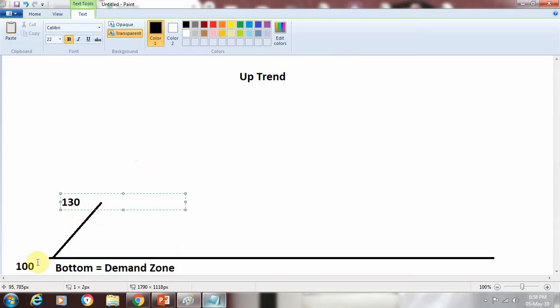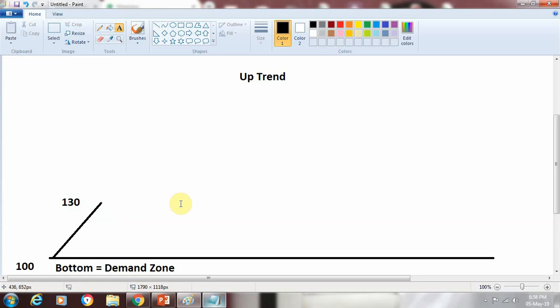So I have gone from 100 to 130 because at 100 many people felt that there is a good opportunity in this particular stock to rise, and since it is rising, at 130 many of us who feel that it is a 30% return, it is a good return, will now start selling.